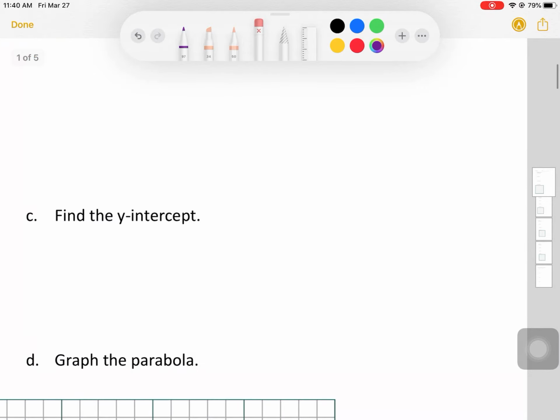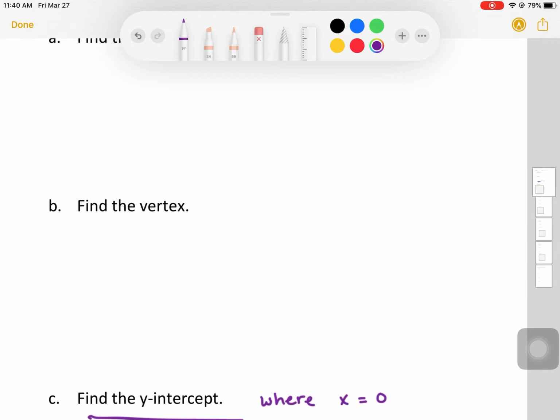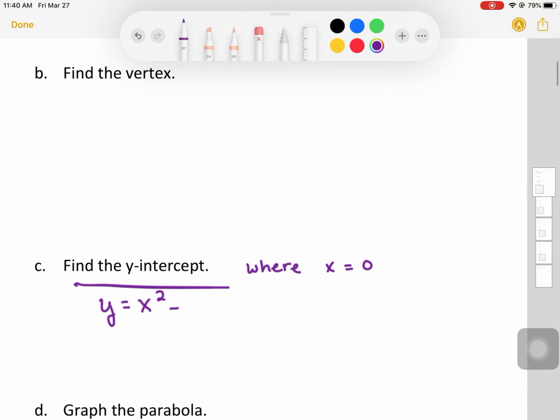We know that with a y-intercept, this is where x equals 0. It's that point where x equals 0. So in the given equation, y equals x squared minus 2x minus 15, we can simply put 0 in for x and calculate the y-intercept.